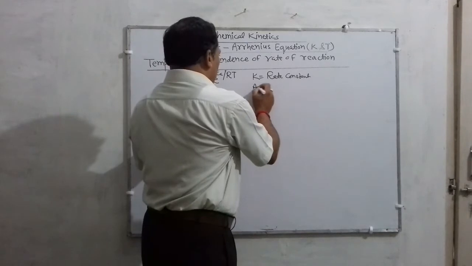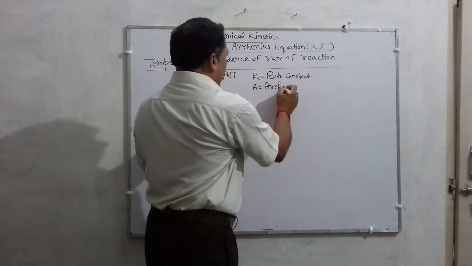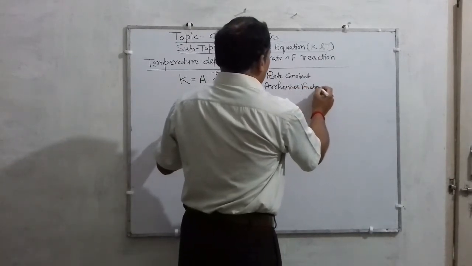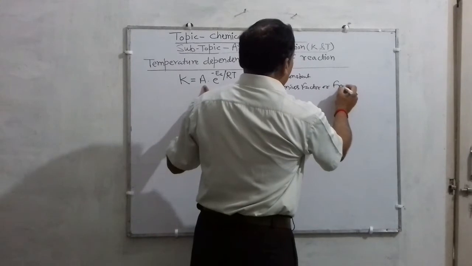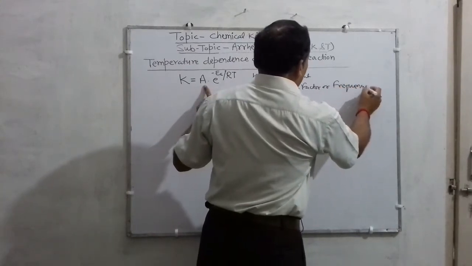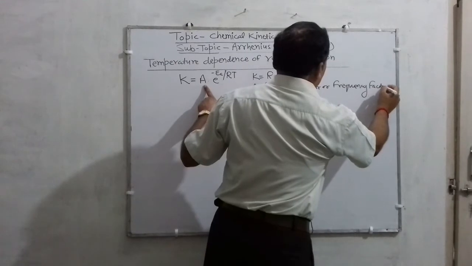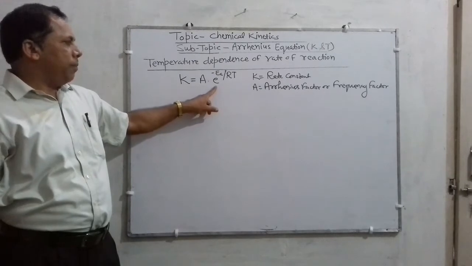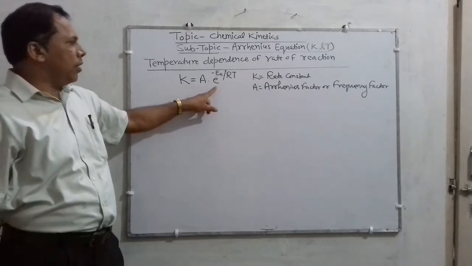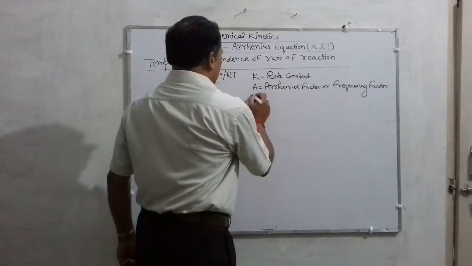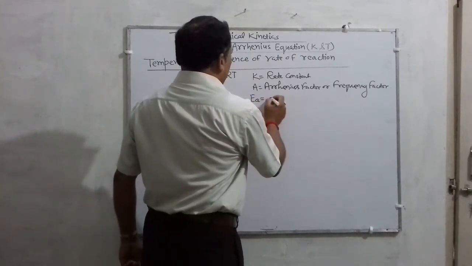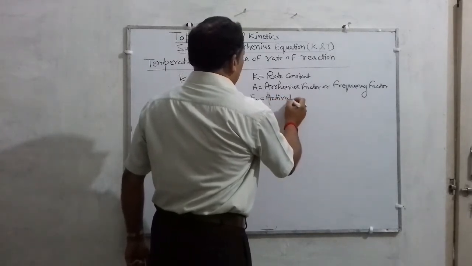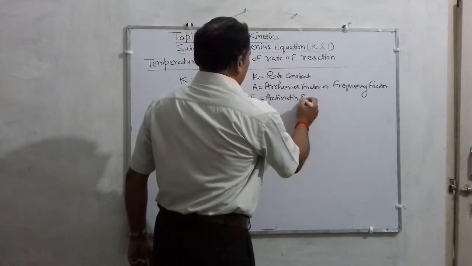A is known as the Arrhenius factor, or it is also called the frequency factor. e is the exponential base, while Ea stands for activation energy.